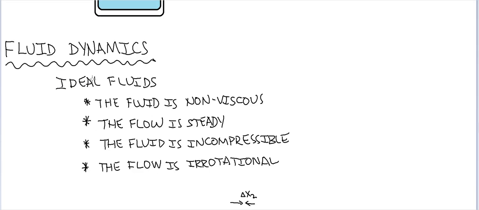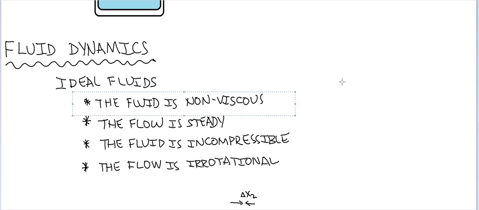Okay, so fluid dynamics. We're only going to think of ideal fluids. I'll save the non-ideal cases for your later engineering courses. For an ideal fluid, we're going to say that it is non-viscous. We don't have to worry about fluid friction.